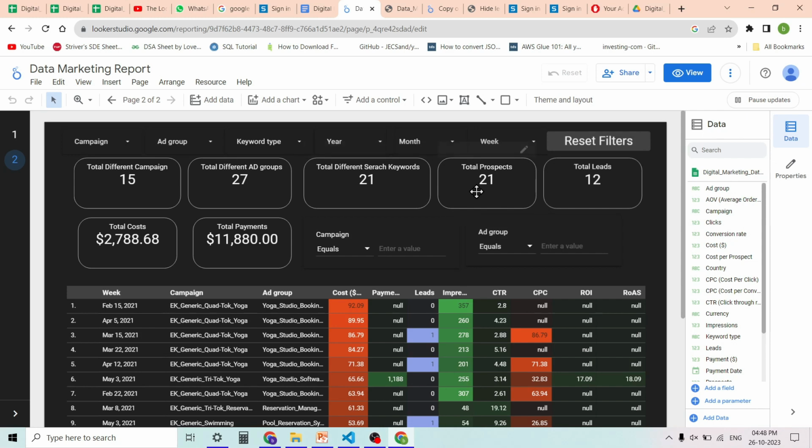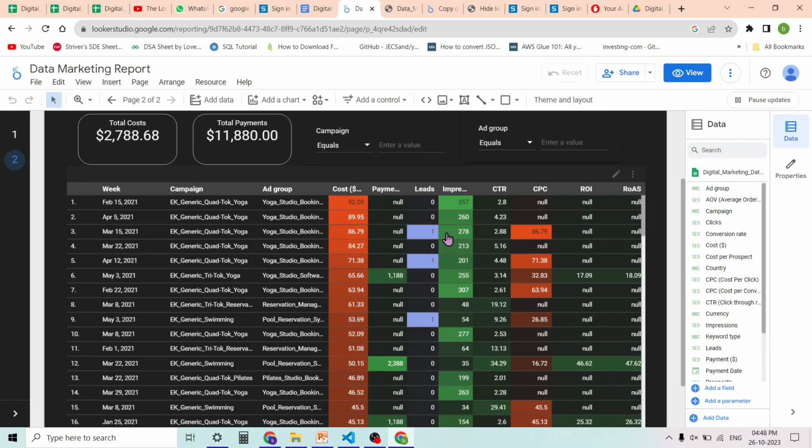The total prospects we get is 21. The leads that we got is 12. The total cost that we have borne is 2,788.68, and the total payment that has been done, as per no filters, is 11,888. So these are some key flashcards that directly tell us about the data value.